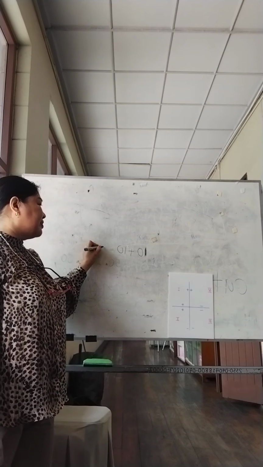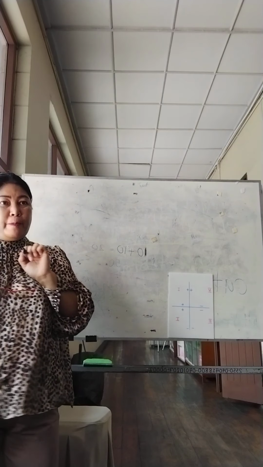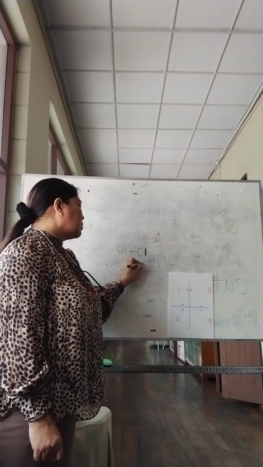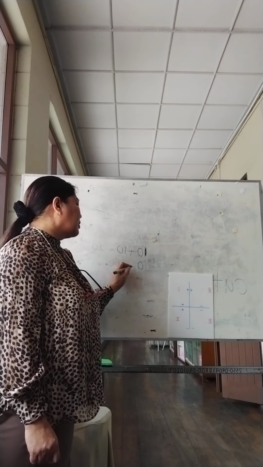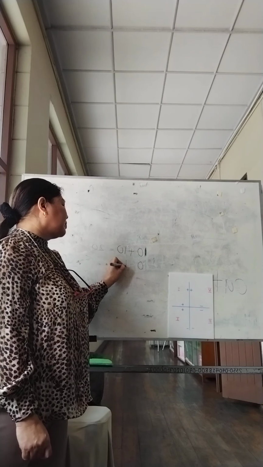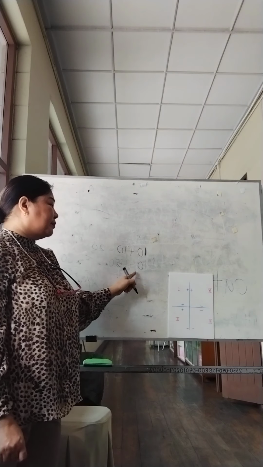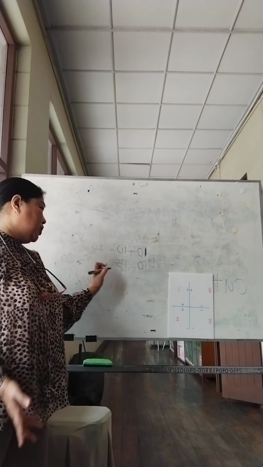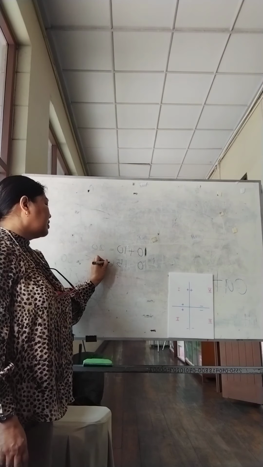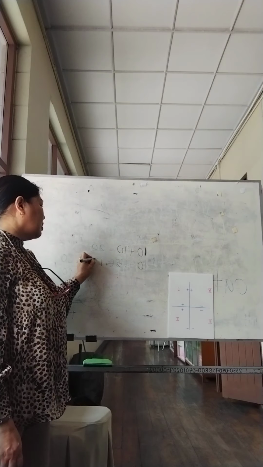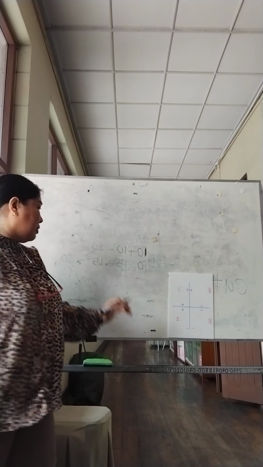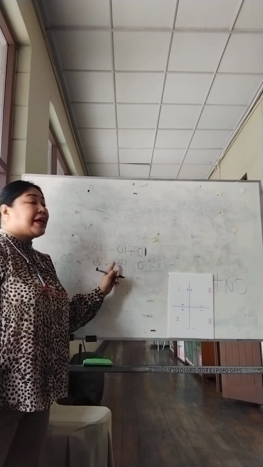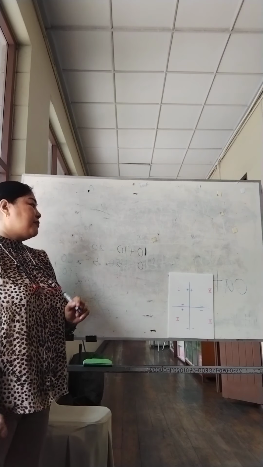So you have to add 20. Then, if we have this one, you have to subtract. That is integer subtraction, like ordinary subtraction. 10 minus 15 is 5.